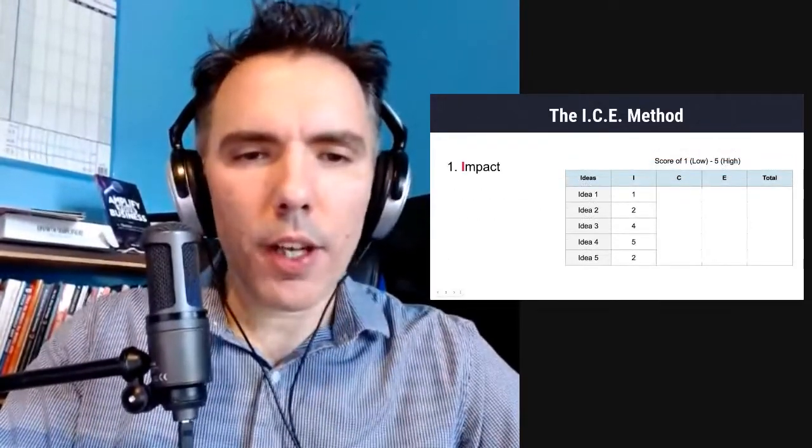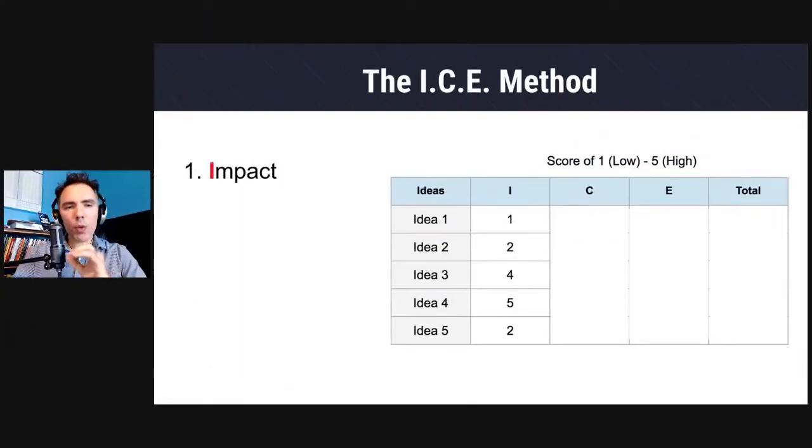So the first column here that we're looking at is impact. You want to be thinking about the ideas that you've put in the idea column and rank them on a score of 1 to 5, where 1 is low and 5 is high. And you're thinking about what is the impact that putting this idea into play is going to have on whatever it is that I'm looking to move forward.